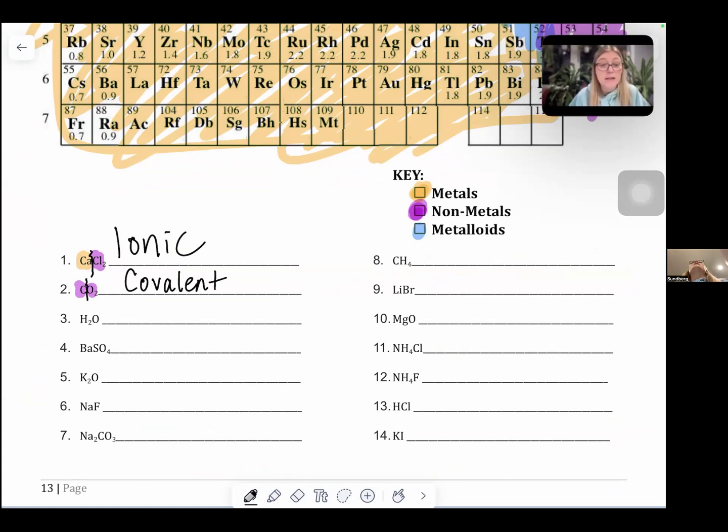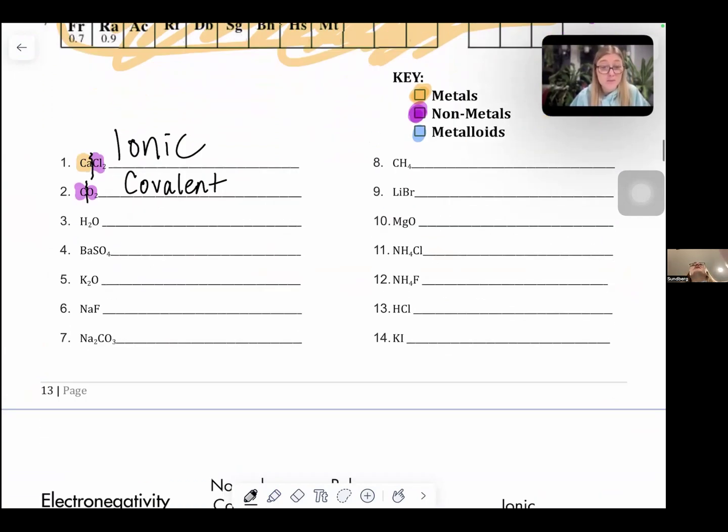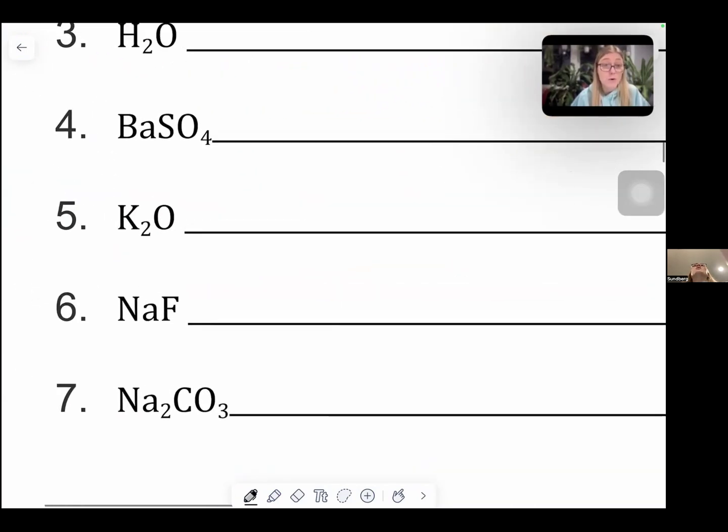All right. Now, the only other part we have to talk about is when there are three or more elements. How do I know there's three or more elements? Well, I have three capital letters.